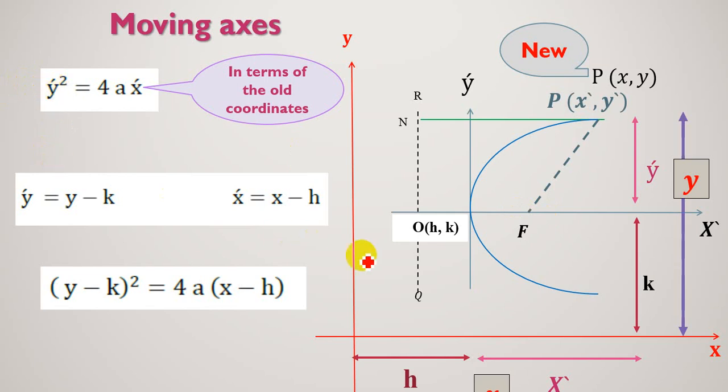To do this, y dash is equal to y minus k, and x dash will be x minus h. So to remove that and get back to the original one, you have to apply this in the equation.